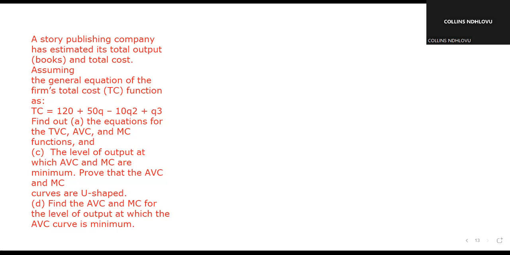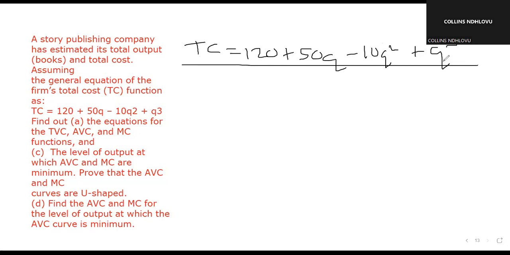So what is our total cost function in this case? Our total cost function is given by what? 120 plus 50q minus 10q squared plus q to the power 3. So which one is a fixed cost and which one is a variable cost from this equation?